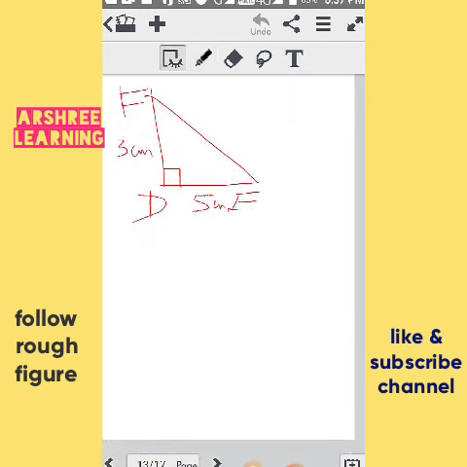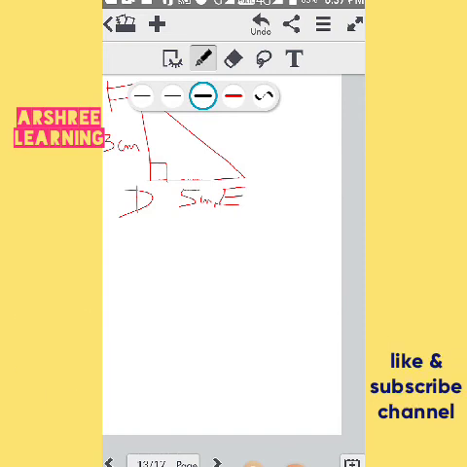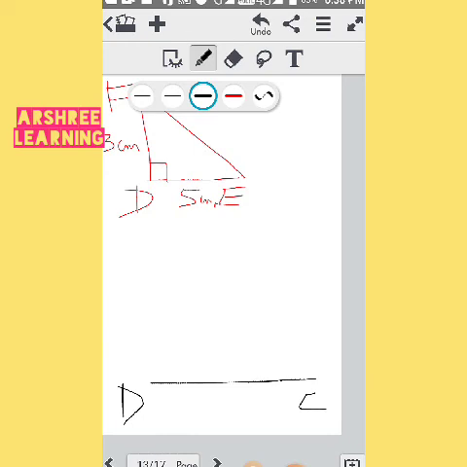Now to construct this figure you will follow the rough figure. First we will make line DE. DE is equal to 5 centimeter. Then you will construct an angle of 90 degree. So make an arc, cut the arc here, and a 90 degree angle will be made.